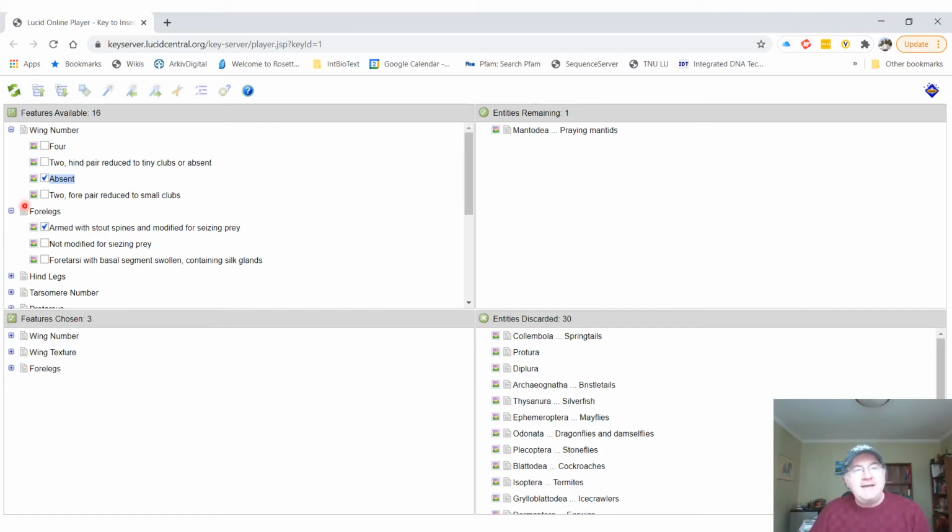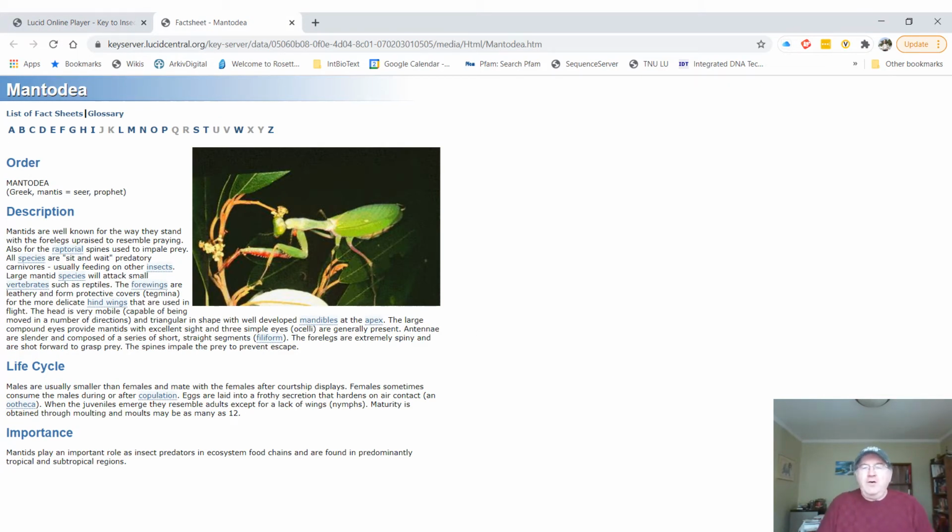And just as I had icons, buttons over here to bring up pictures to illustrate the character that I'm talking about, here for the taxa you see there's a similar icon. If you press that, we actually go to an information page about the order, what are they calling it, Mantodia. It gives you some description, tells you about their life cycle and importance, and gives you pictures.